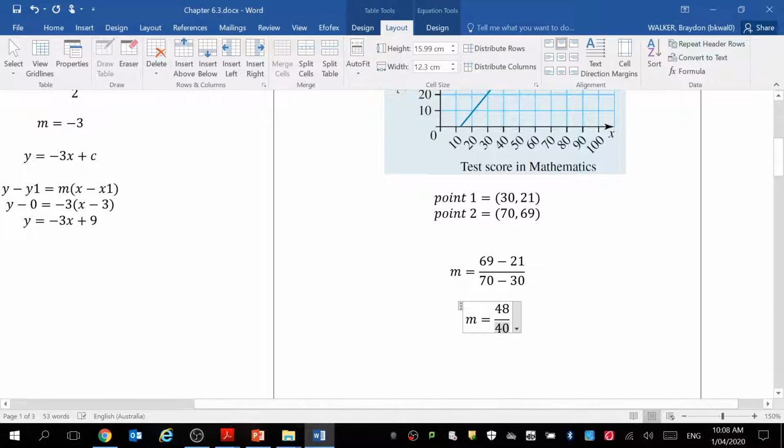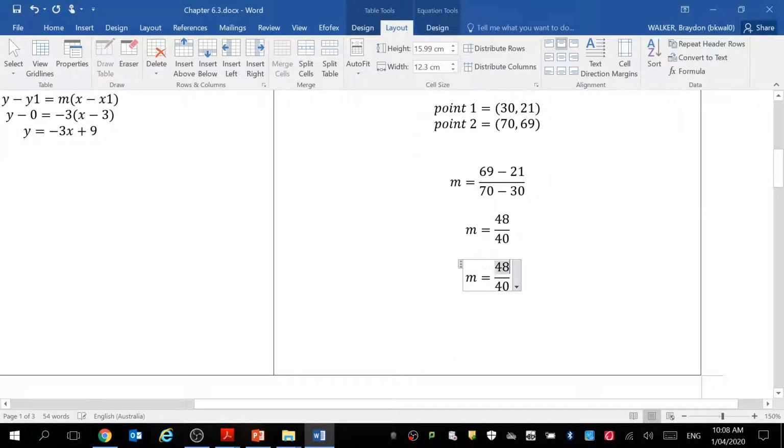And 40. Simplifying it down, I prefer to keep it as an improper fraction. Halving it would get it to 24 over 20. So 24 over 20. Halving that again, we'll get 12 over 10. Halving that again, we get 6 over 5 as our gradient.